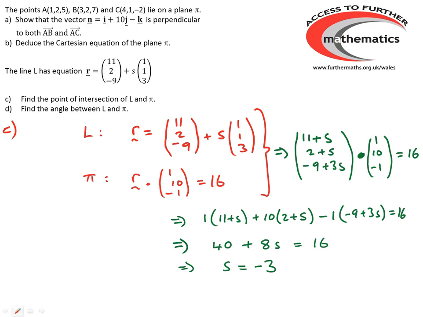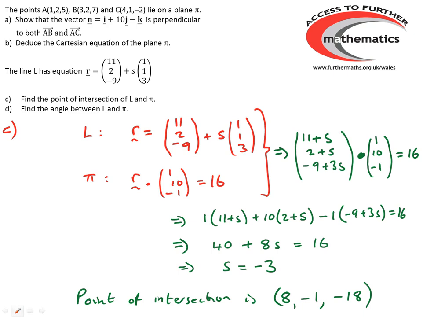Now that we know that s equals -3, we can find out what r is by substituting s equals -3 into the equation for L. So the x coordinate is 11 plus s, so that's 11 plus -3, which is 8.